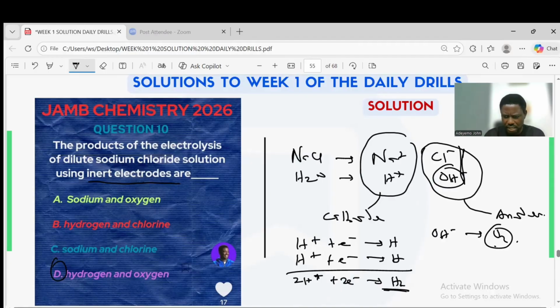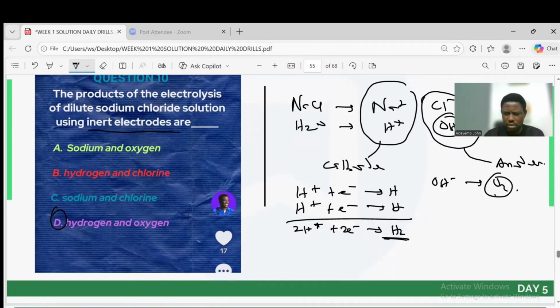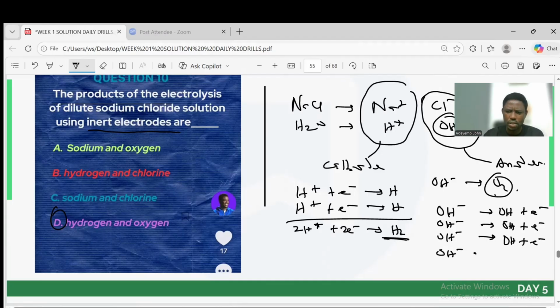Some of you may want to ask, sir, show us how you get oxygen from this. Just write OH minus going to OH, the neutral OH, plus an electron. So many OH minus are there.